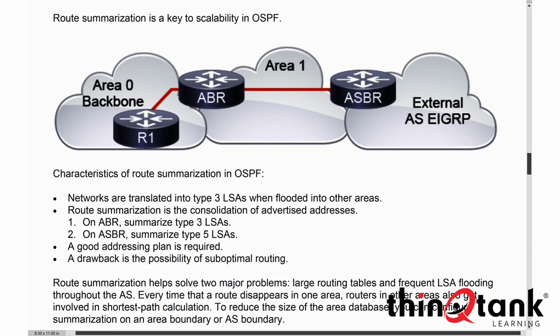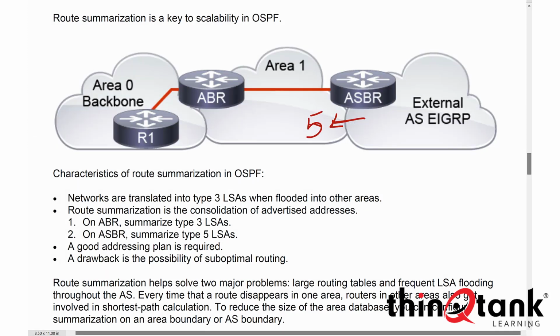We already know from our previous discussions that we have different LSA types that get generated in this network. For example, we're going to have type 5 LSAs coming in that represent those external EIGRP routes, and we can summarize those type 5 LSAs, right? In fact, ASBR is one of those routers that we can summarize.